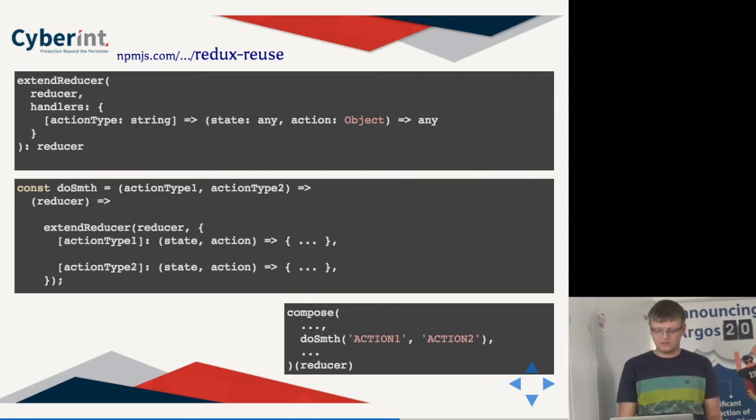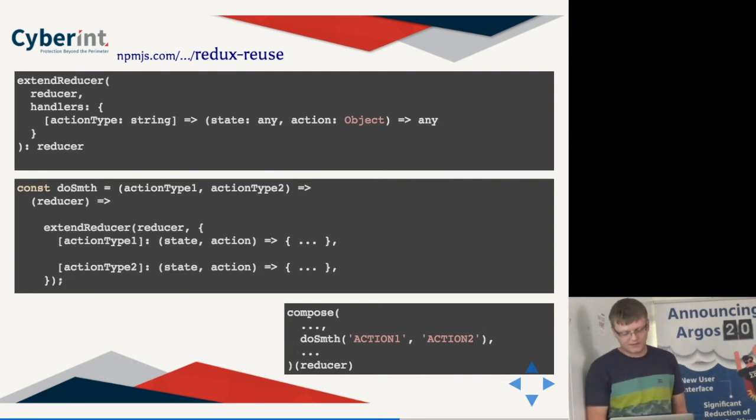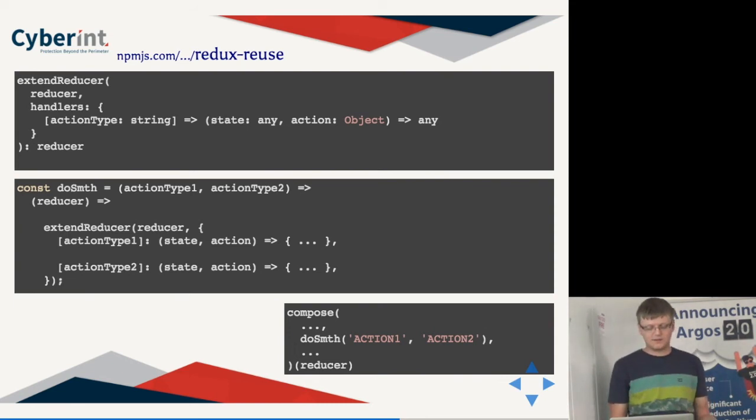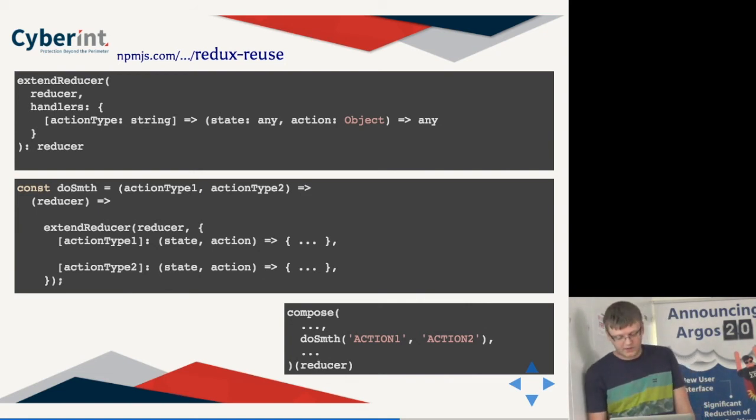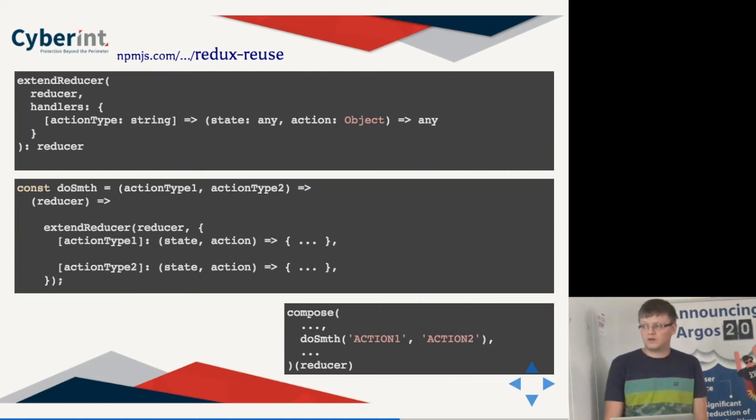In other words, it really extends functionality of reducers. Actually, it's mostly the same as combining reducers and handle actions, but as a result, you will have a high-order reducer which can be composed, which is different from the reducers approach.